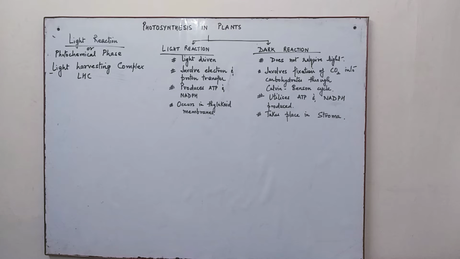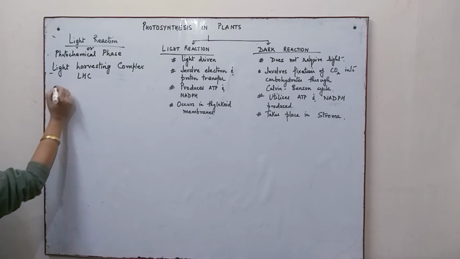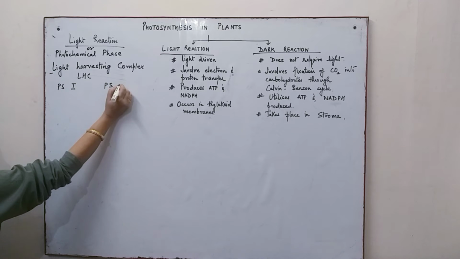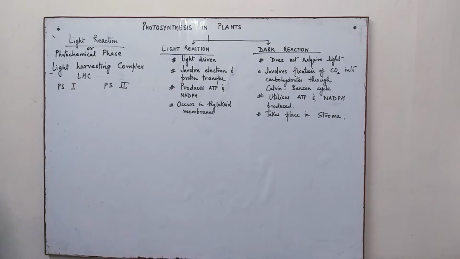Photosystems are the systems, or the mechanism, by which the light is absorbed. So the light harvesting complex has PS1, that is photosystem 1, and PS2, that is photosystem 2. Now, let us try and understand what is meant by that.